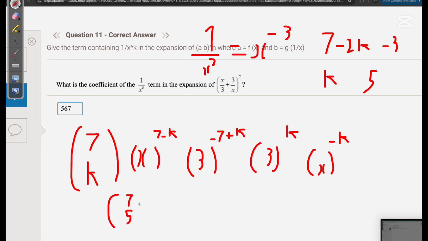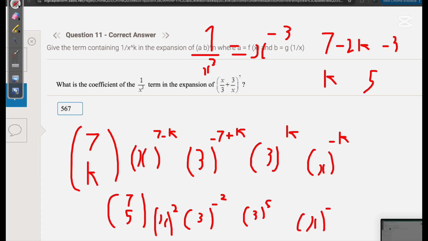7C5 x squared, because you substitute k by 5, 3 to the power of negative 2 times 3 to the 5, and then x to the negative 5.